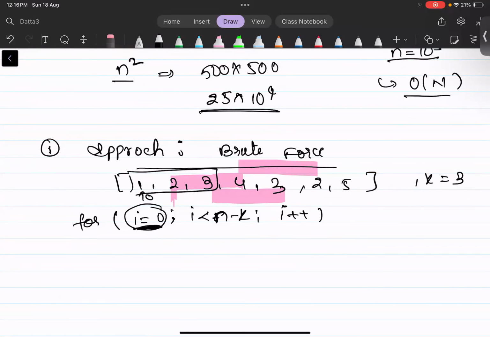So my inner for loop should start from j equals i plus 1, and j less than i plus k.